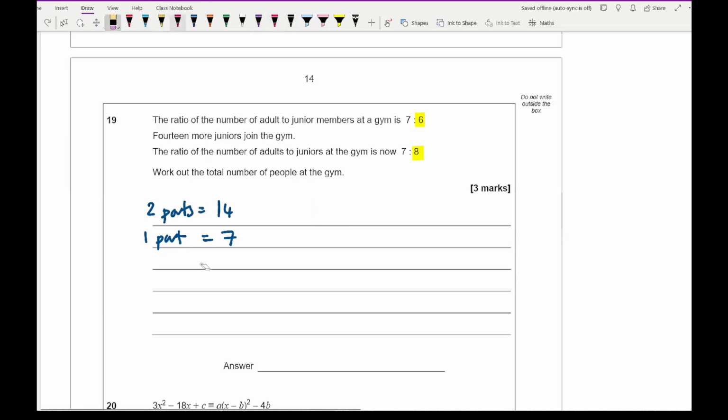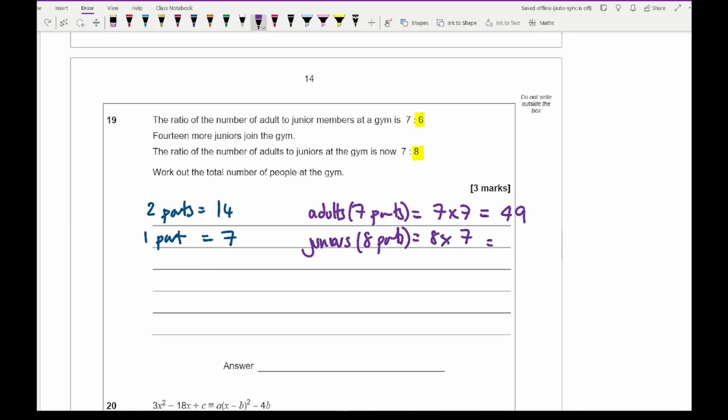So we've got adults, which is 7 parts, is going to be 7 times 7, which is 49. The juniors, which is 8 parts, which is going to be 8 times 7. And let me just make sure that looks like a times, not a plus.